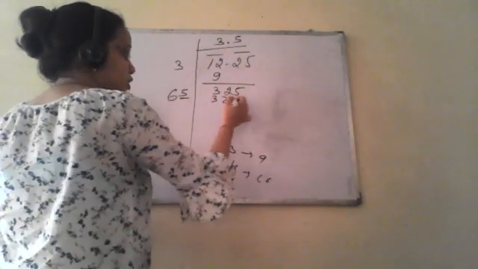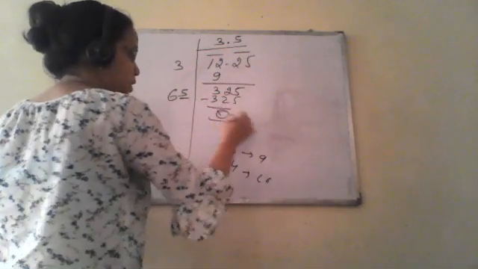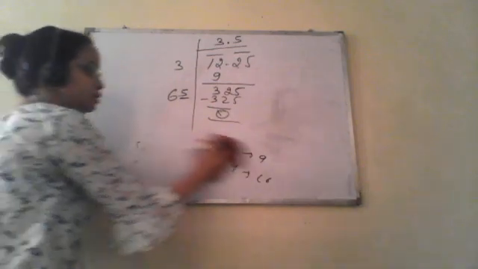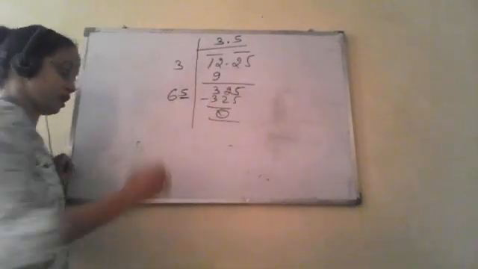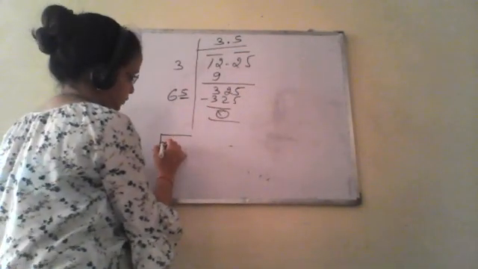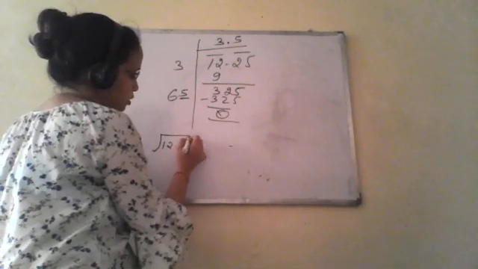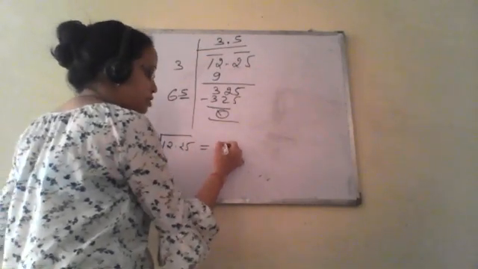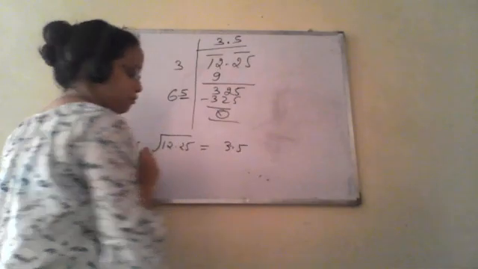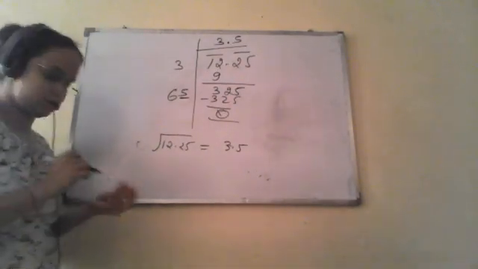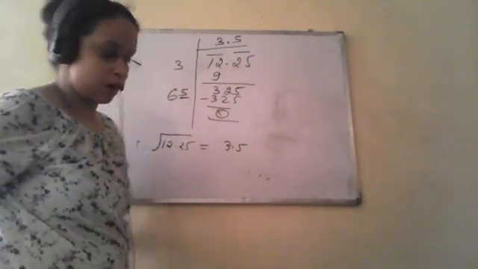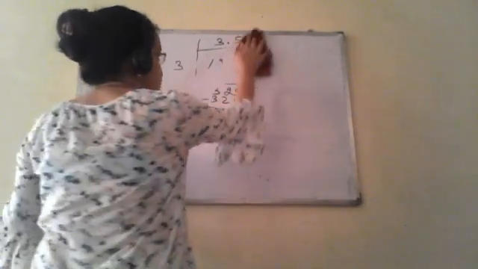So it is 325 and we have 0 as remainder. So the answer is 3.5. So the square root of 12.25 is 3.5. This is how we have to go with the square root of decimals. Clear?